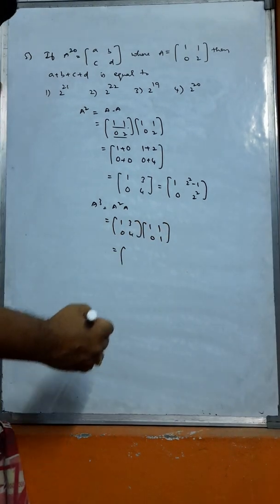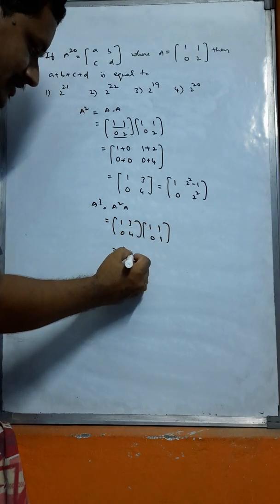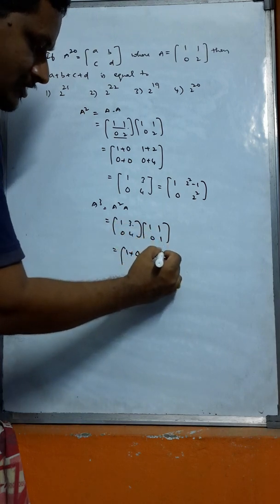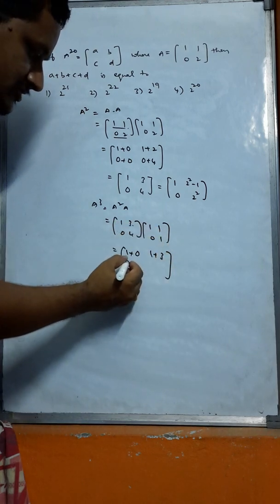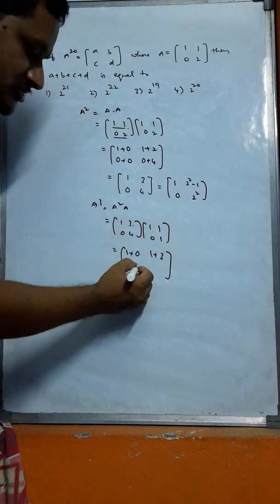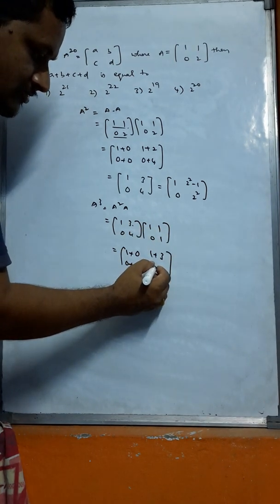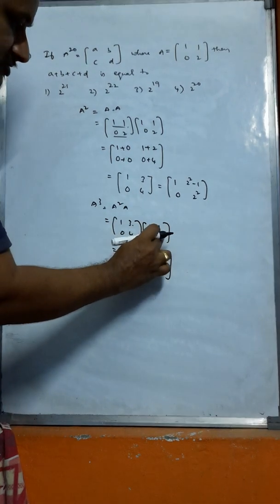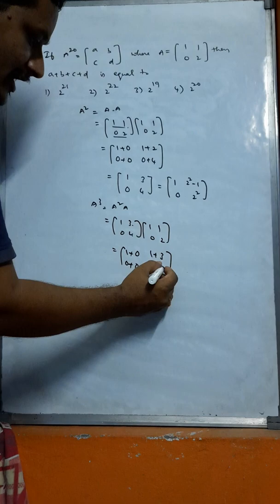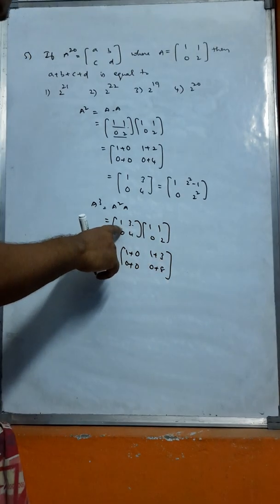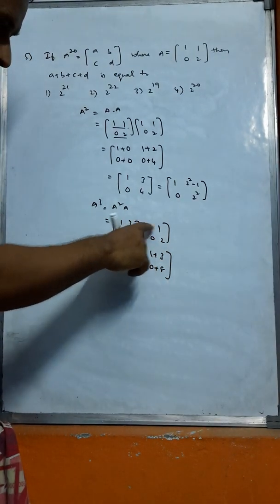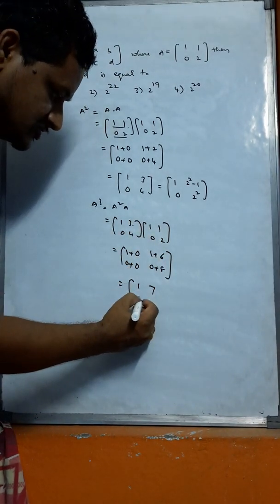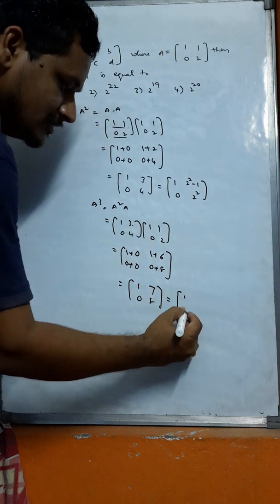So we will get 1 into 1, 1, plus 3 into 0, 0. 1 into 1, 1, plus 3 into 2, 6. 0 into 1, 0, 4 into 0, 0. 0 into 1, 0, plus 4 into 2, it is 8. So here we will get 1, 7, 0, 8.